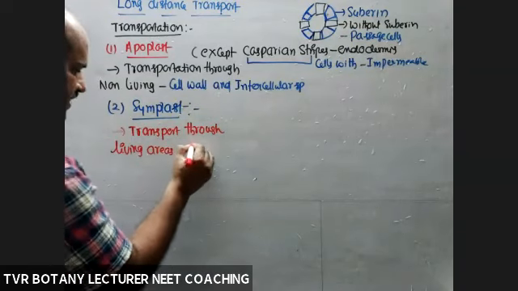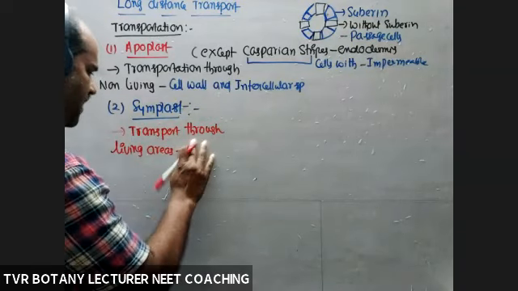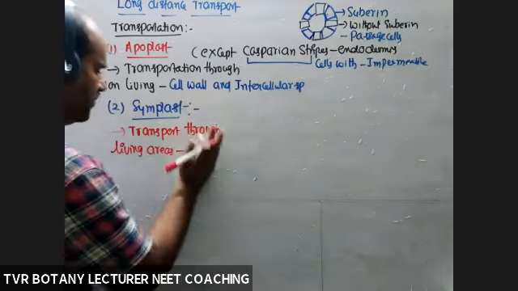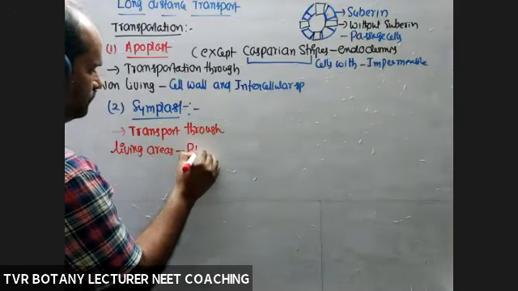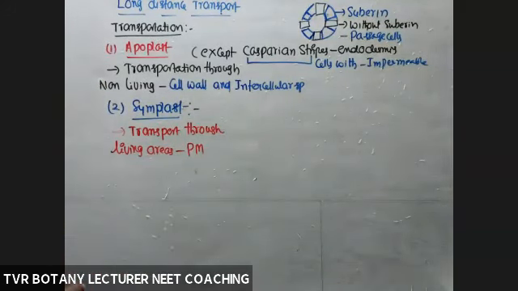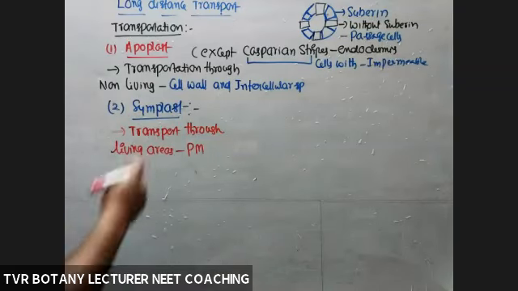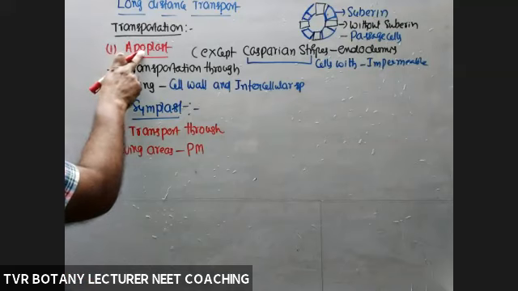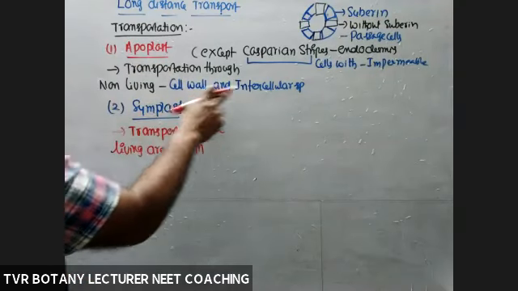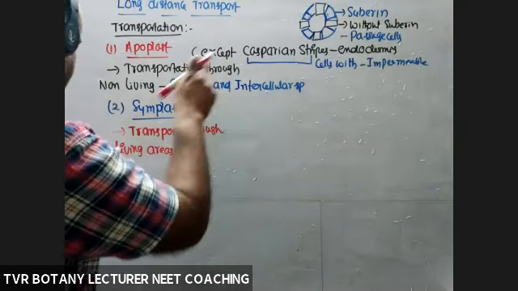One, protoplasm or cytoplasm. First take plasma membrane. So by means of apoplast, water is able to move across the cell wall and not able to pass through the membrane. Reason, that is the symplast movement. That will come under symplast. Okay, so the delimiting areas of apoplast is cell wall and intercellular spaces only.